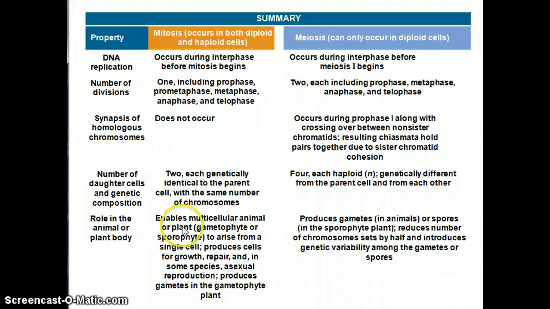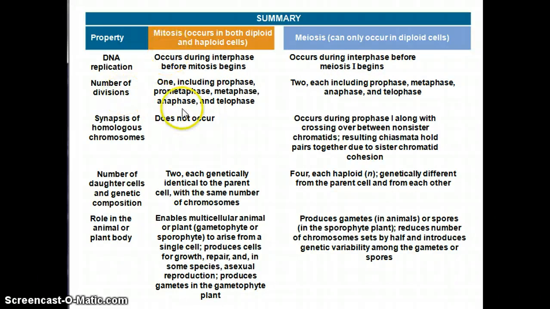So this is nice because it breaks down, for example, with DNA replication, you can see in mitosis it occurs during interphase before mitosis even begins. And then in meiosis, it also occurs during interphase before meiosis 1 begins. So that's where our difference lies.